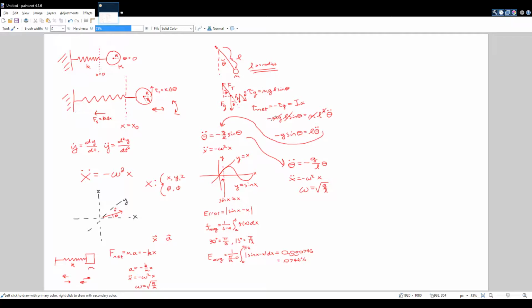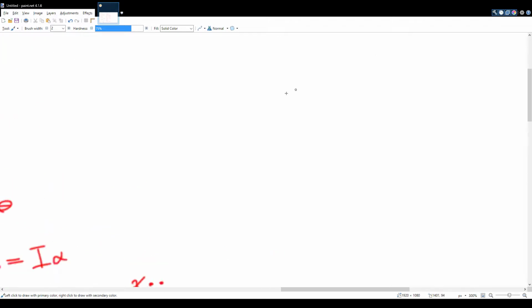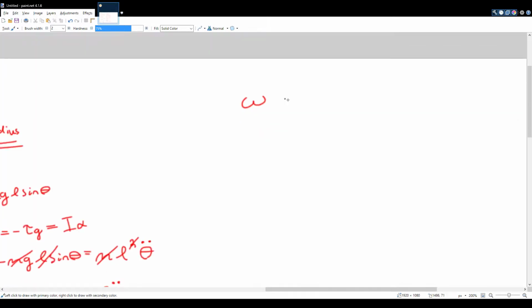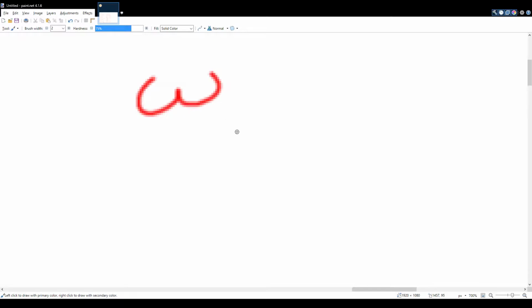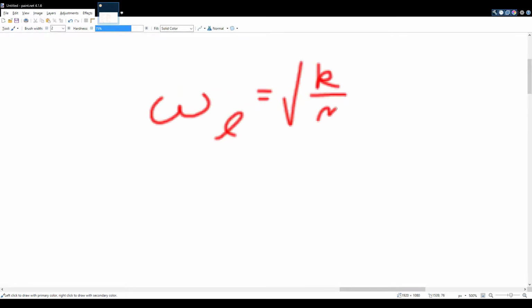So we're going to work this out, right? So we already proved before that the angular frequency of the linear oscillations, we'll call that omega sub L, is equal to the square root of k over m.